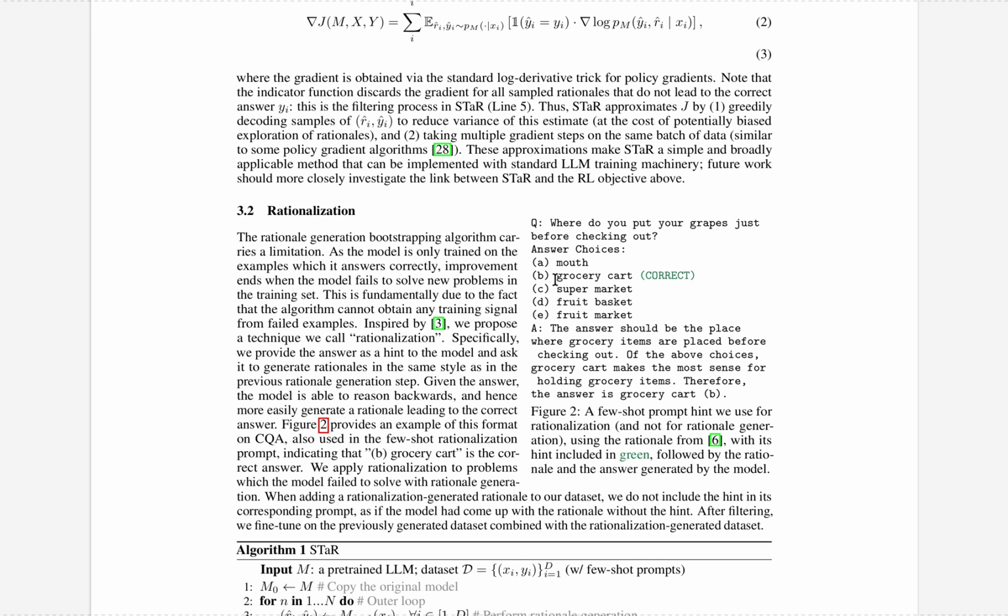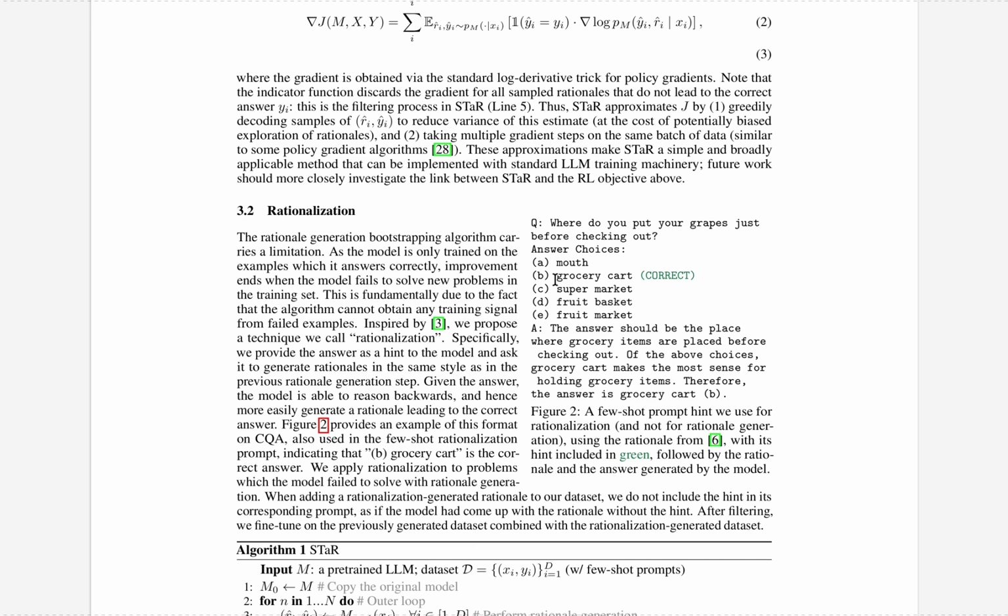Given the answer, the model is able to reason backwards and hence more easily generate rationales leading to the correct answer. Figure 2 provides an example of this format on CQA, and also in the few-shot rationalization prompt, indicating that B, grocery cart, is the correct answer.